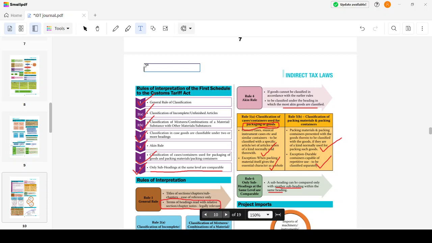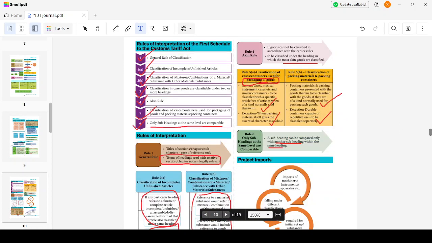Then I have A, B, and A, C. So I can compare A, B with A, C only, and not with B, A, B. I cannot compare A with B, A. Clear? I can compare only a subheading with another subheading under the main heading.